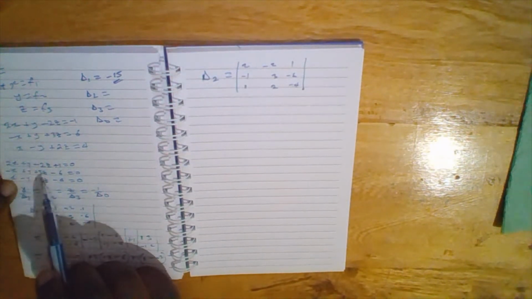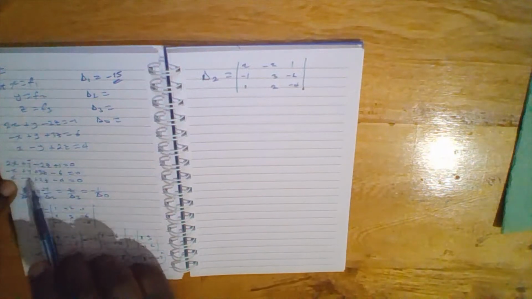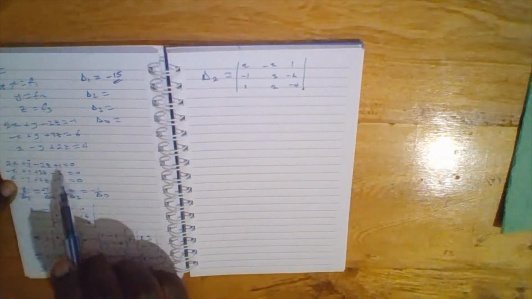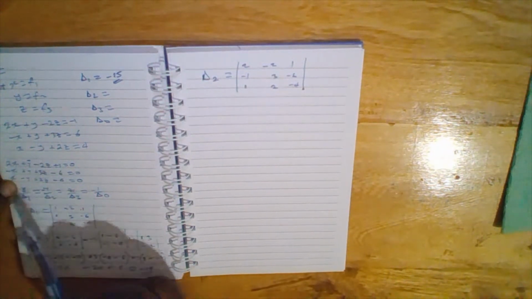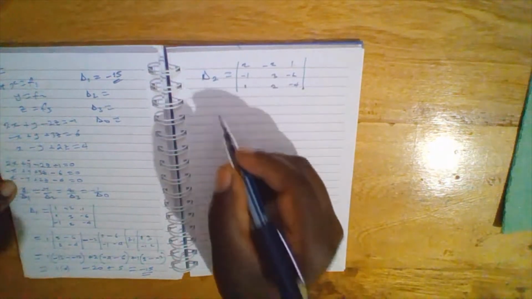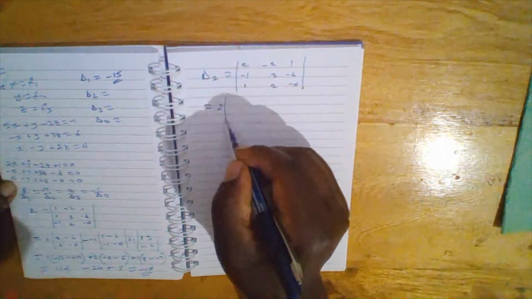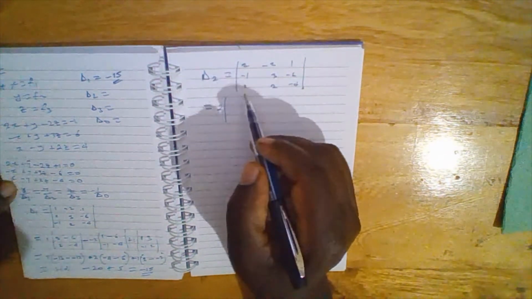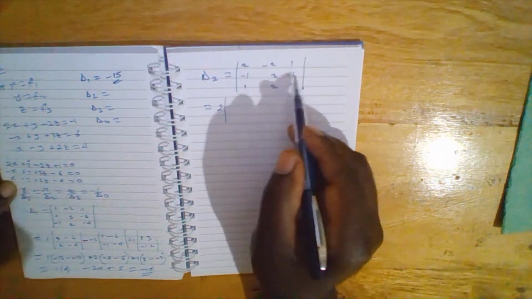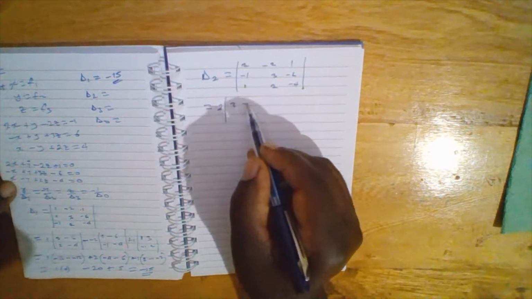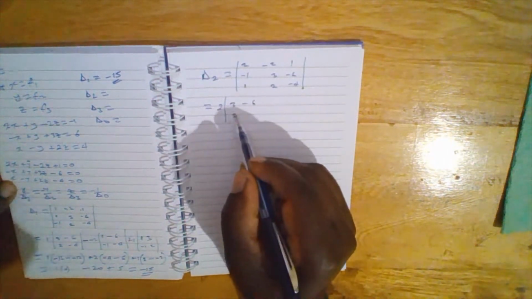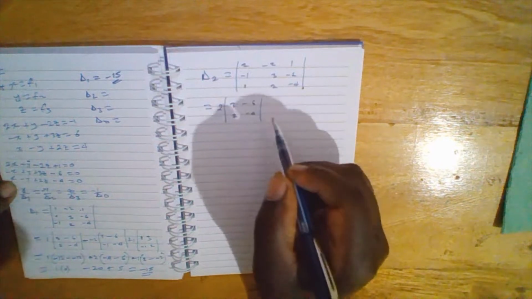So we have plugged this y, and then we have written the coefficient of the variable. So this is what we have. Then we expand this, so we start with the 2. The minus of 2, you plug this column and this row, so we have 3, negative 6, 3, negative 6, 2, negative 4.